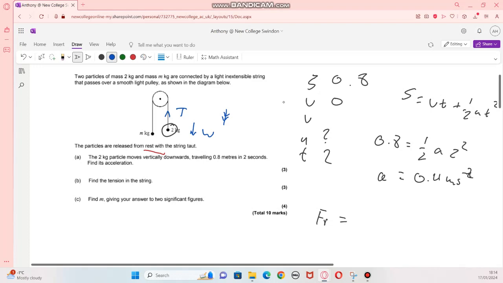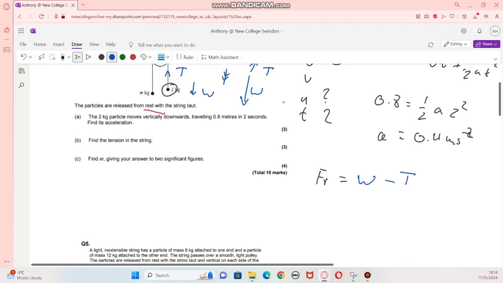That means our weight must be greater than our tension for it to move downwards. If a particle moves downwards, its weight has to be bigger than its tension. The resultant force is always the sum of these forces. We've got weight, but because tension is in the opposite direction to weight, we have to subtract tension.